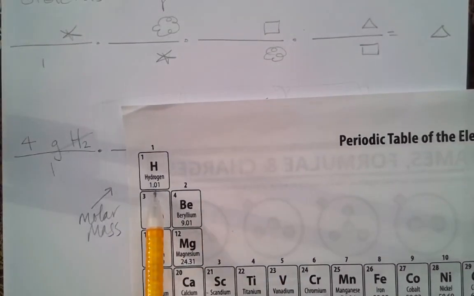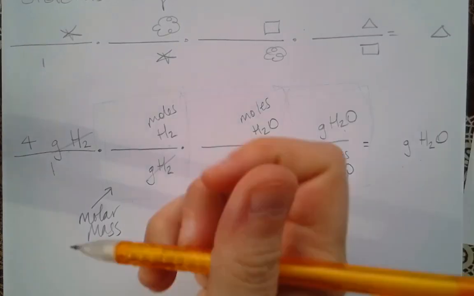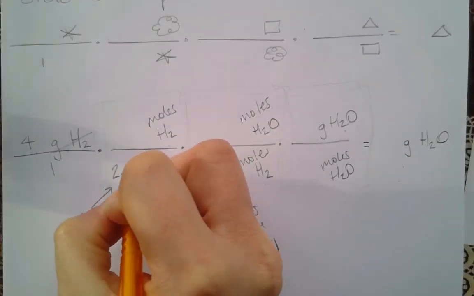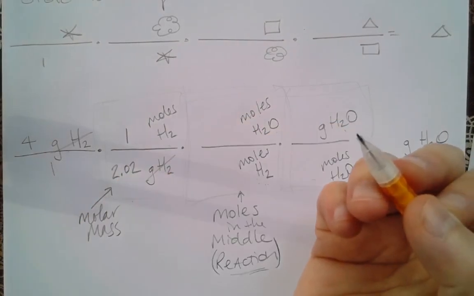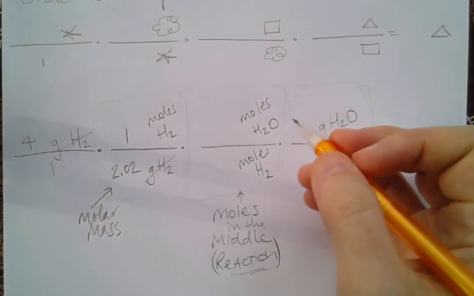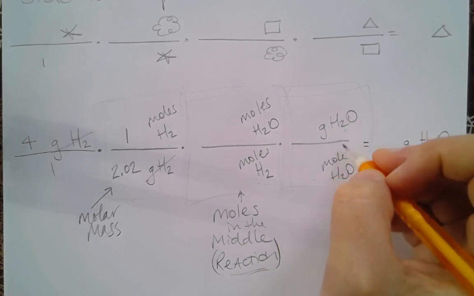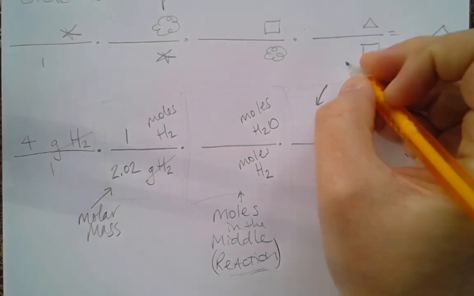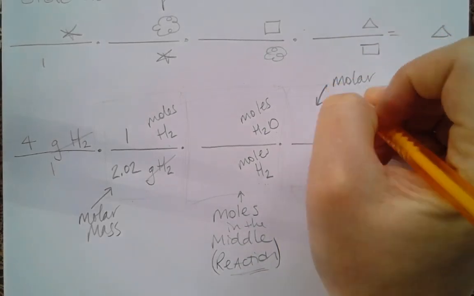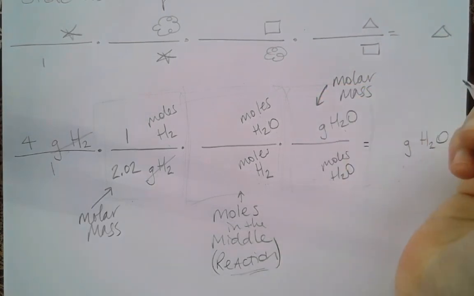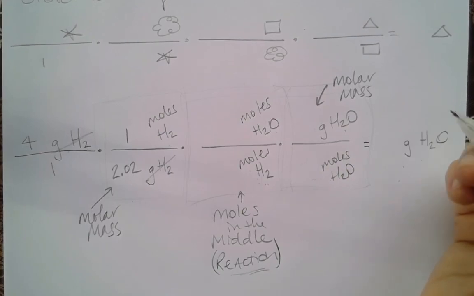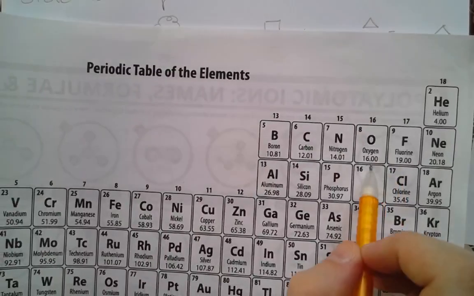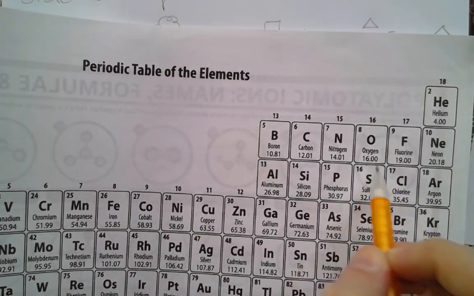Here you've got H2. So take that mass of hydrogen times 2. It's that many grams in 1 mole. Here's your other molar mass. Here's your other grams to mole situation. And this is your other molar mass. Here you're looking at water, H2O. Take those H2 plus the mass of the oxygen.